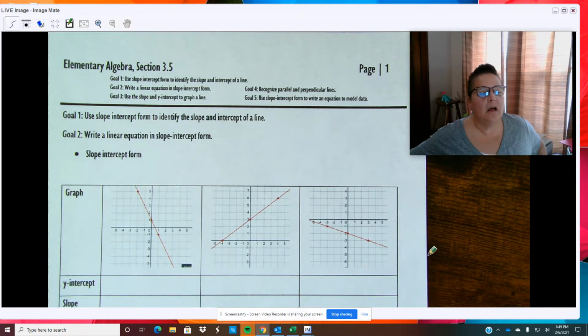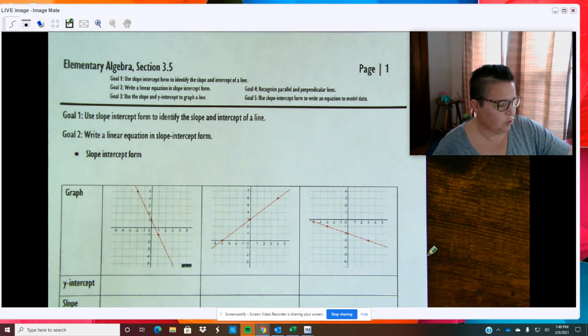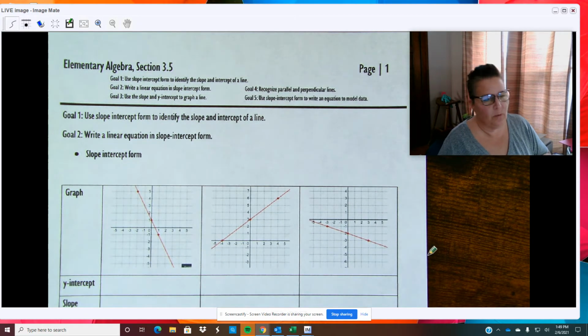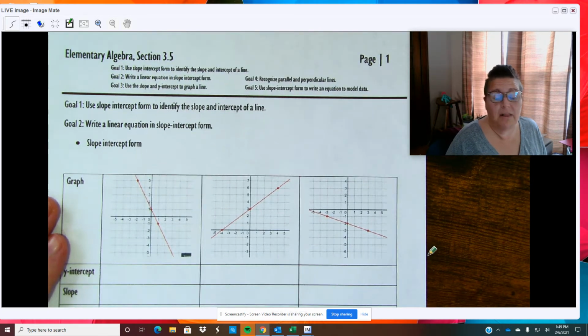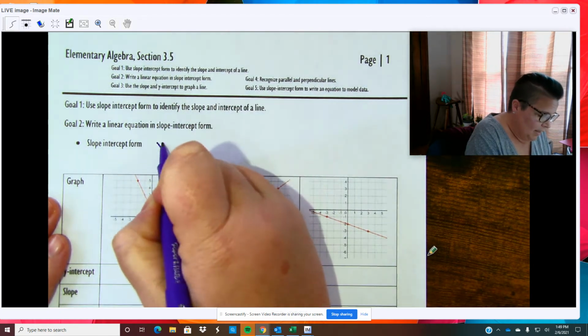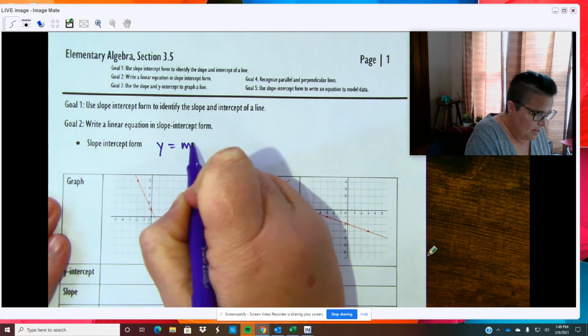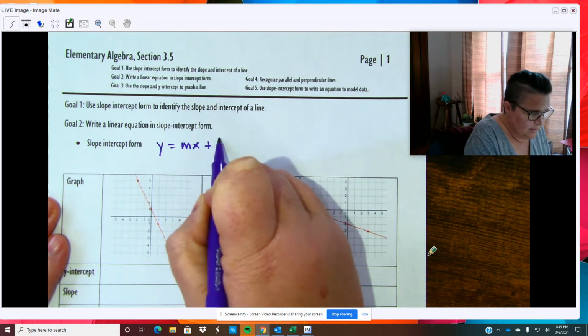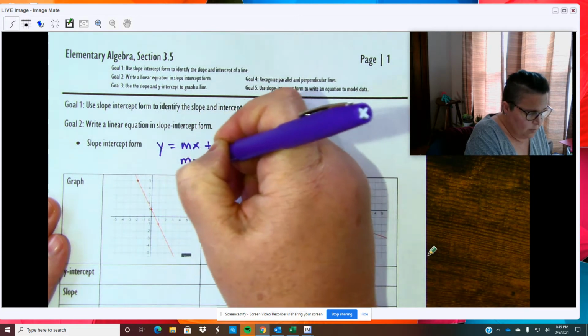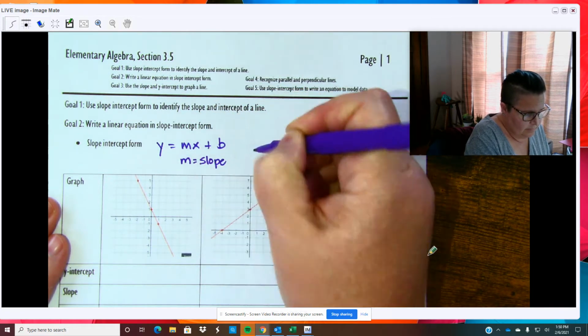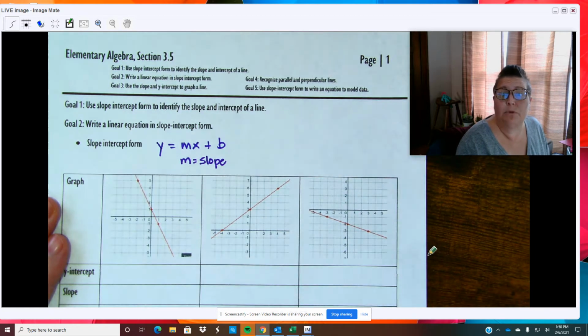Okay. All right, so we're going to use the slope-intercept form to identify the slope and intercept of a line, and then we want to be able to write it in slope-intercept form. The slope-intercept form of a line is y is equal to mx plus b, where m is the slope of the line. That's the way that a line moves. That's what I tell myself. It's the movement of the line.